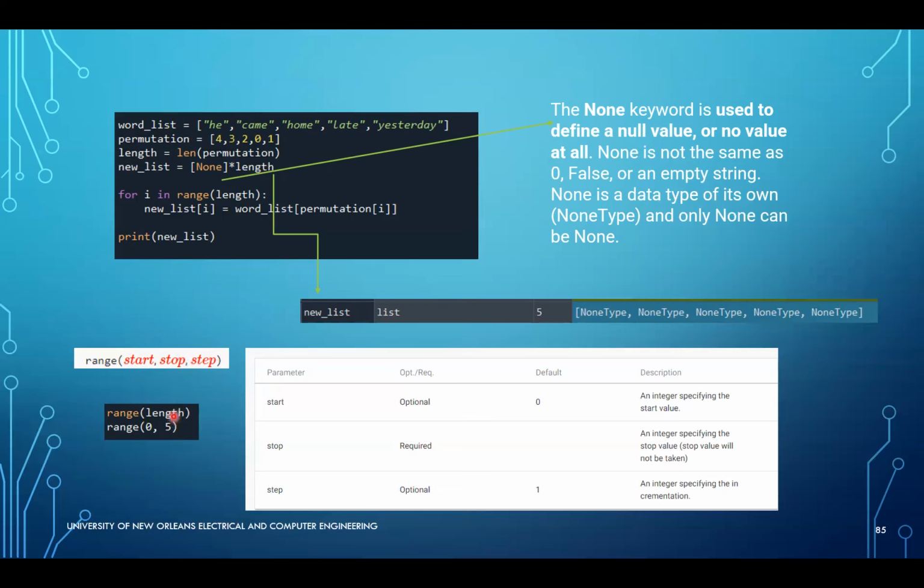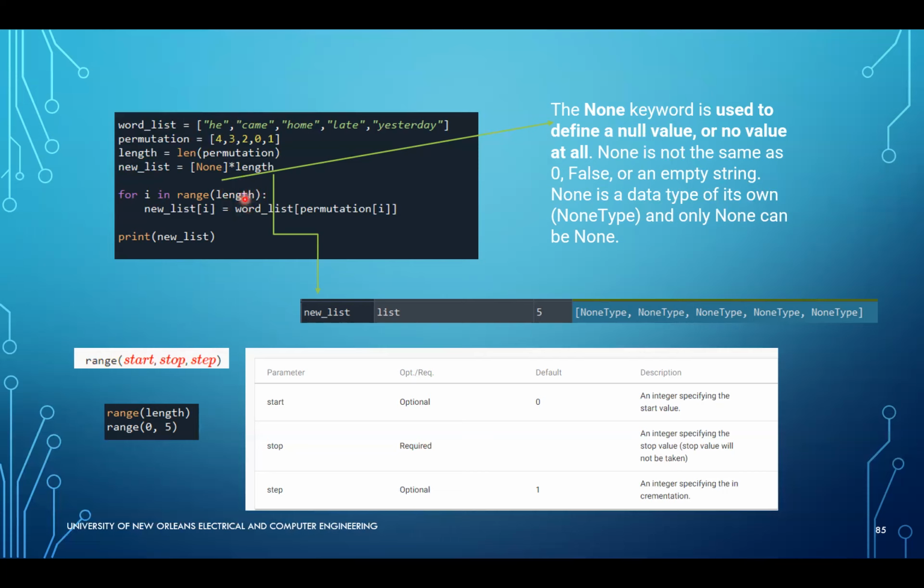So in this example, if we look at range of length, since the start is not specified, by default it's going to start at 0. The step is not specified either, so it's going to go 1 at a time by default. However, we have specified when it's going to stop.